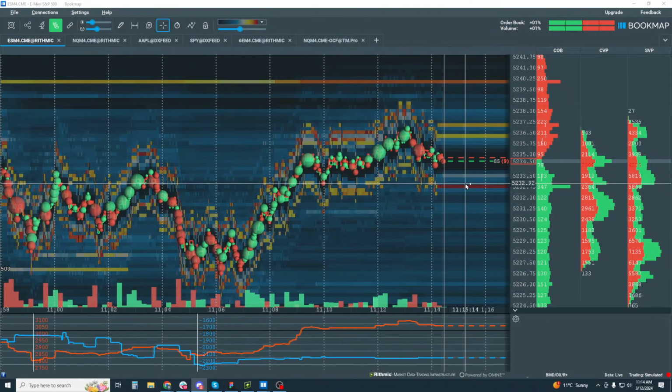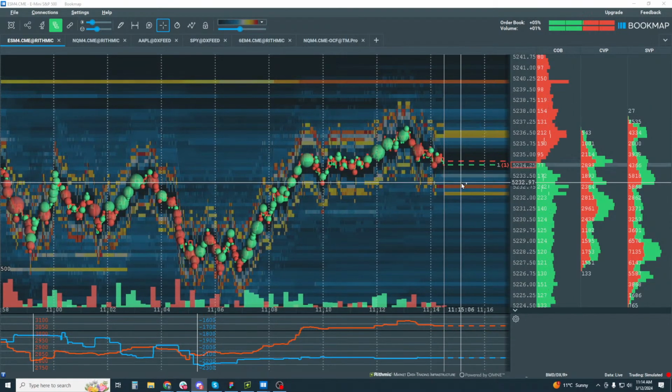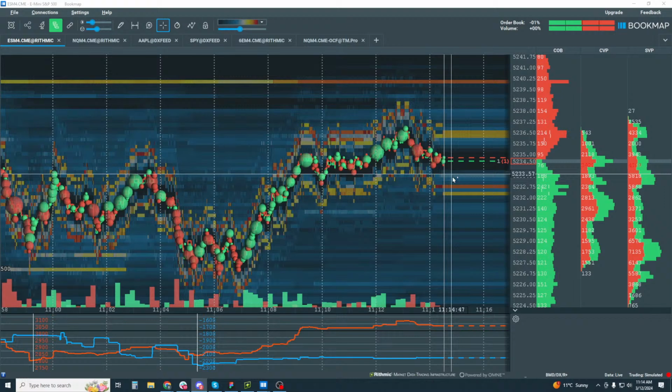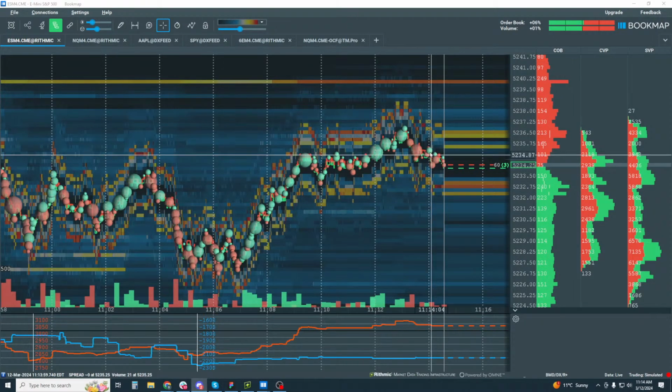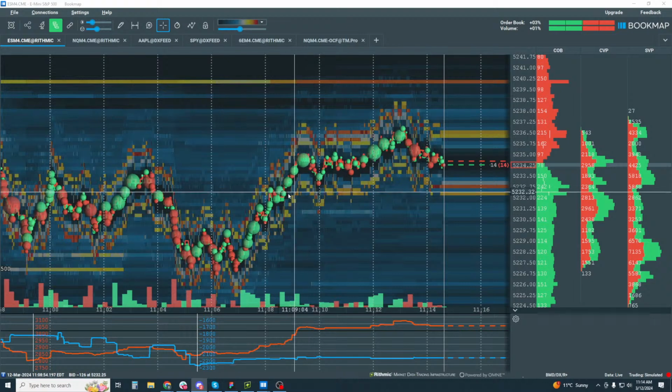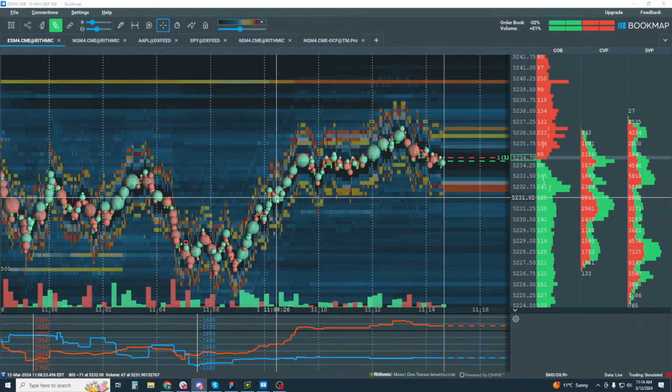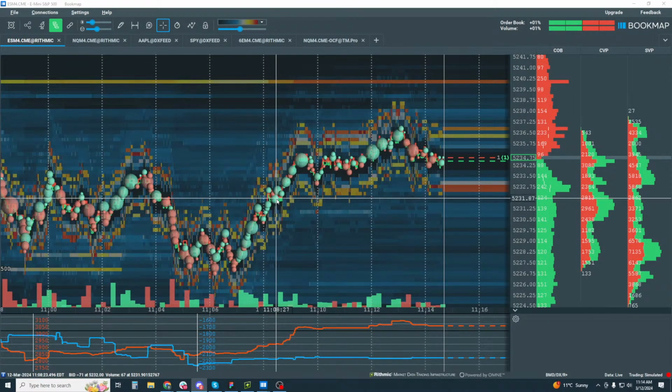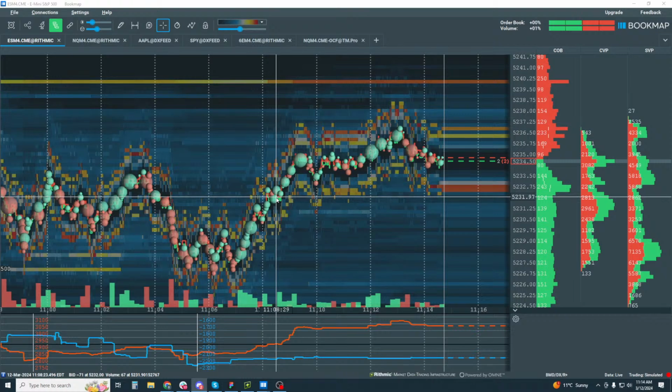And then we're going to see if buyers are going to support it down here at 33. They'll let this kind of slip away and let the sellers take it down to 33. Okay, maybe to this cluster here and where this buying came in, maybe 31 or 32.